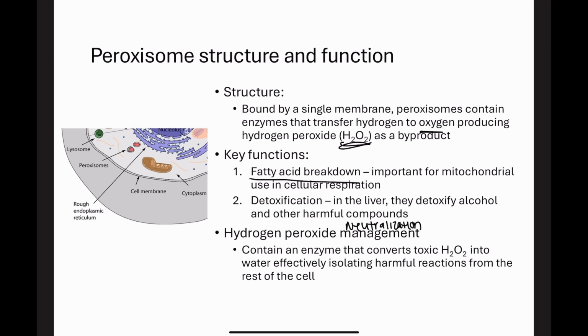So hydrogen peroxide in itself is toxic. And our peroxisomes contain an enzyme called catalase. Catalase is going to convert hydrogen peroxide into water, which is going to prevent cellular damage. And we even have specialized peroxisomes called glyoxysomes.